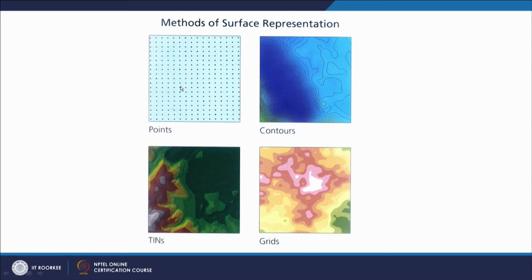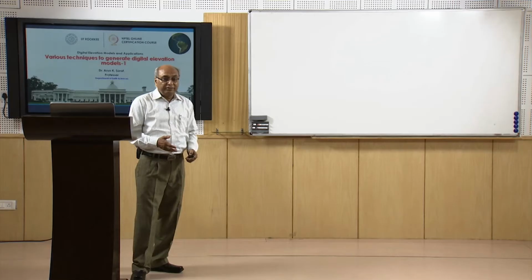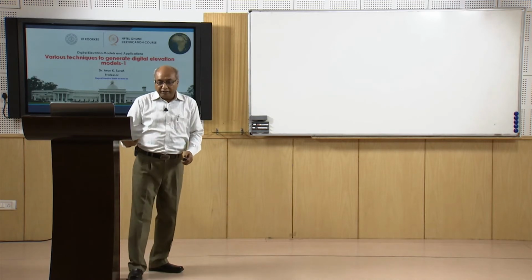So three products which we are seeing immediately using point data through interpolations: one is contours, another is a surface, that is a digital elevation model, and third is a TIN. A TIN is also a surface, but the data structure is entirely different than a typical raster DEM.